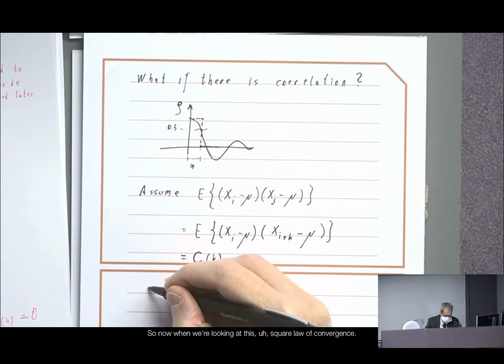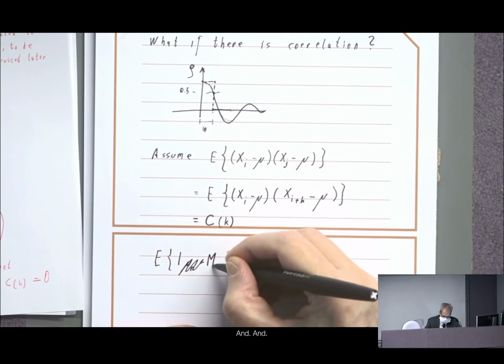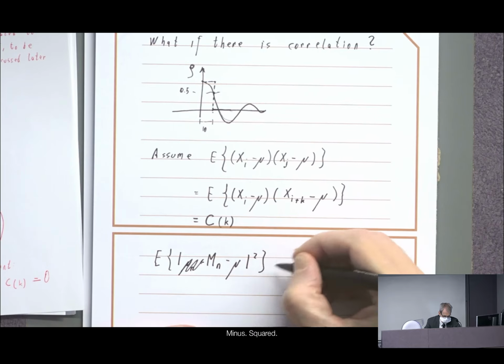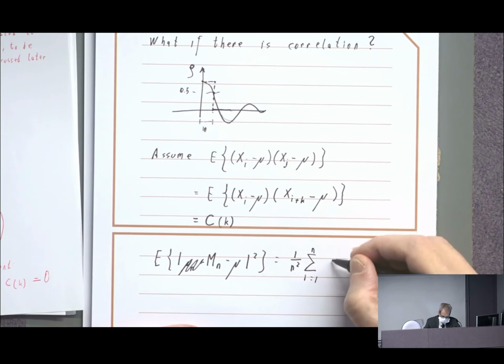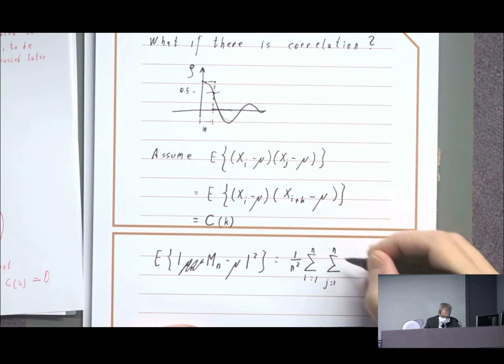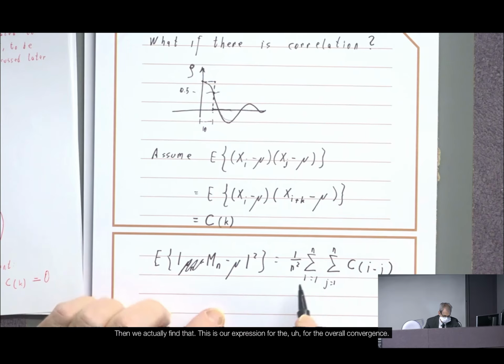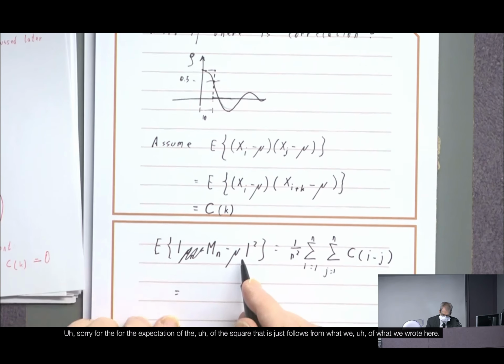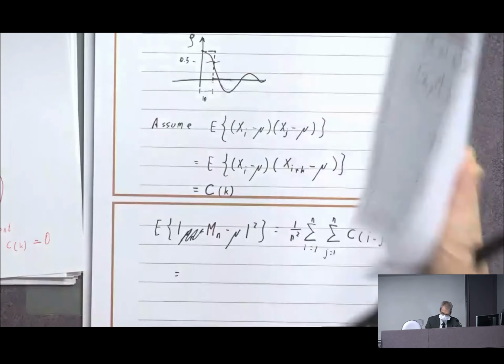So now when we're looking at this square law of convergence, the expectation of the sample mean minus mu squared, then we actually find that this is our expression for the overall convergence, for the expectation of the square. And this just follows from what we wrote here.